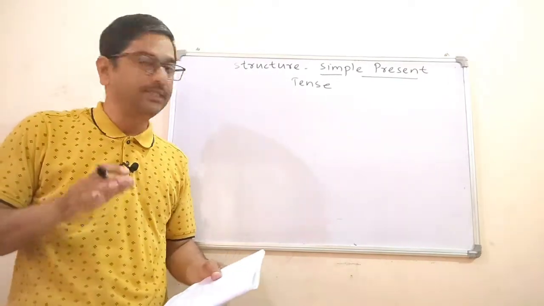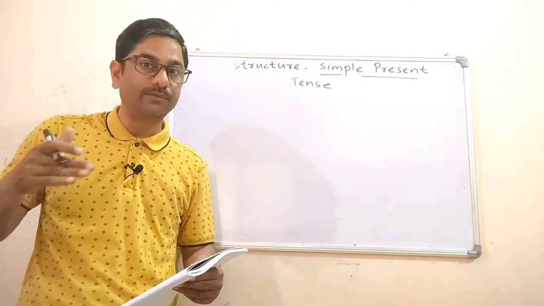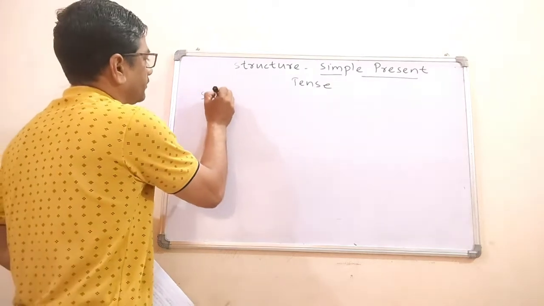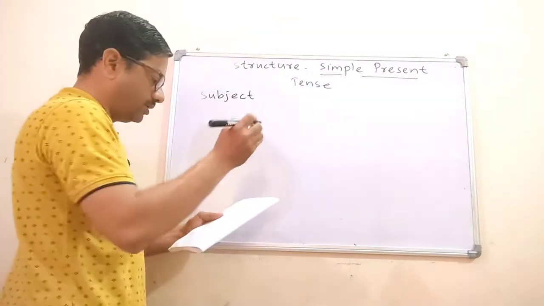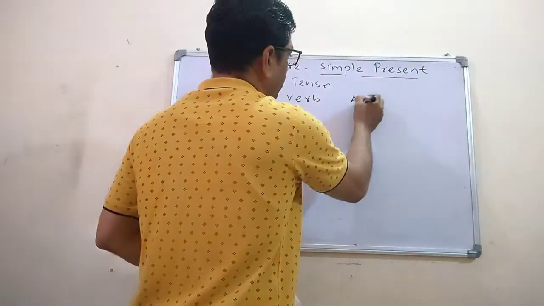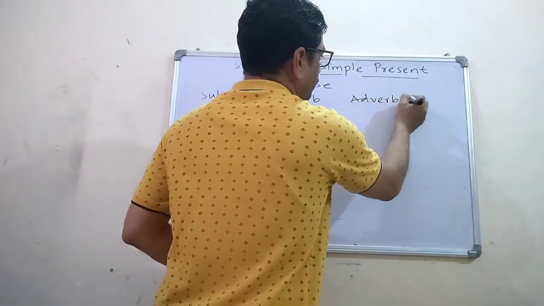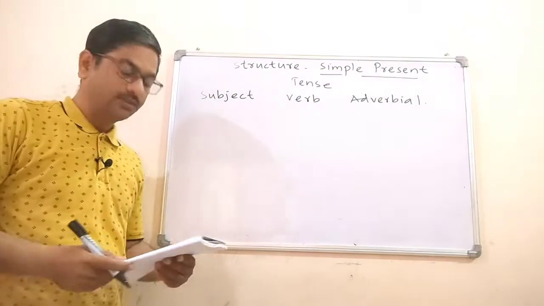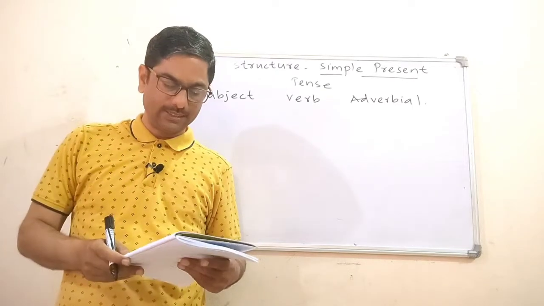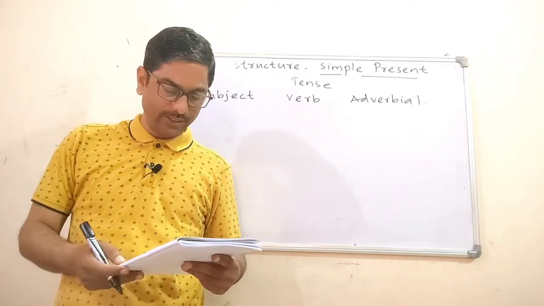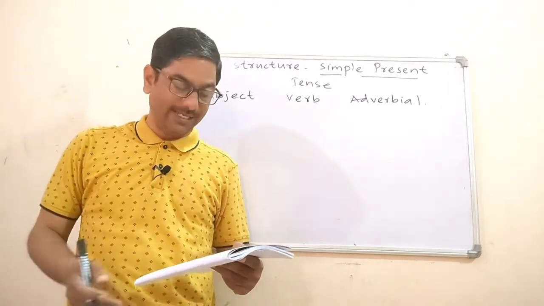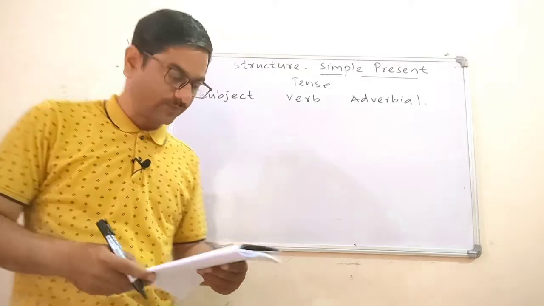Now we will study sentences in which we will make use of adverbial at the end of the sentences. Subject plus verb, and at the end adverbial. See, which adverbial can you use at the end of the sentence? You can make use of daily, or in the morning, in the afternoon, at night, or on Sunday, like this.